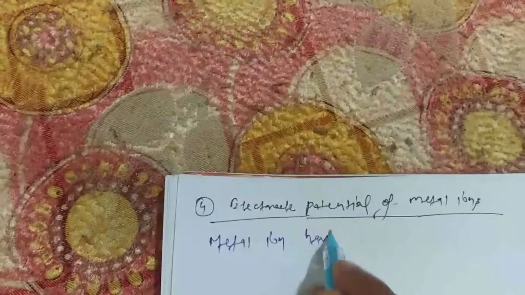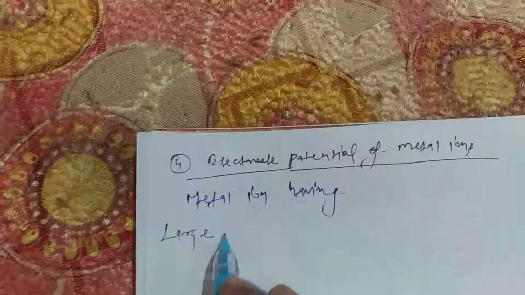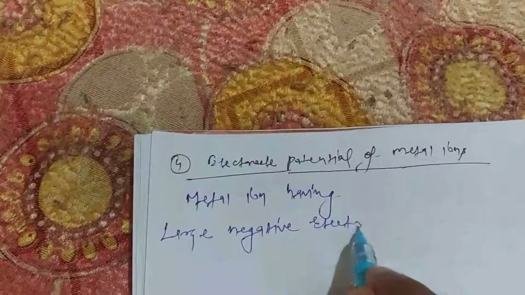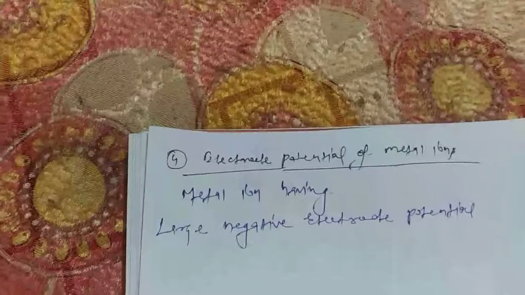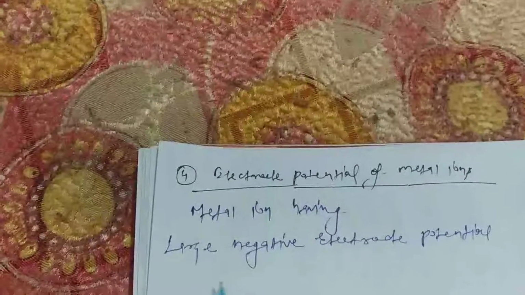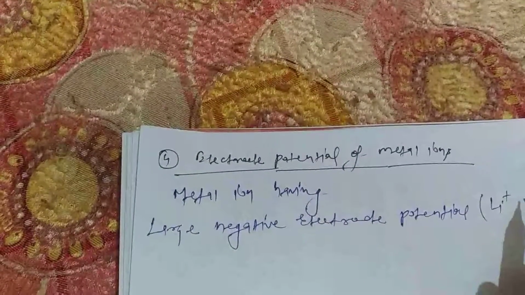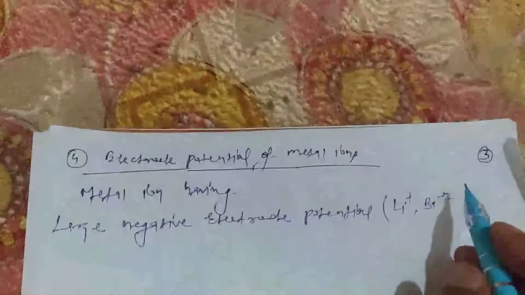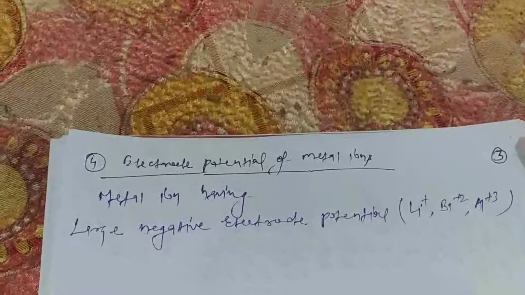Let's take examples of large negative electrode potential ions: lithium, then barium, then aluminium.